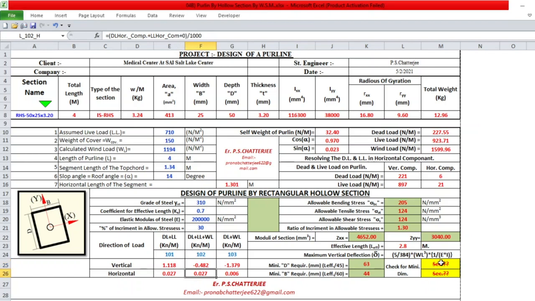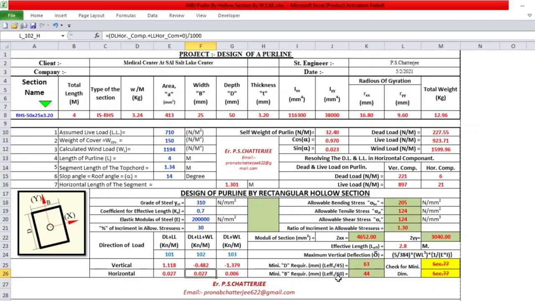Now for minimum section size we can use this formula. This is not a rigid formula, it is a guideline. If our section satisfies the deflection criteria, then it is okay, but primarily we have to follow this. Effective length divided by 45 is equal to depth.